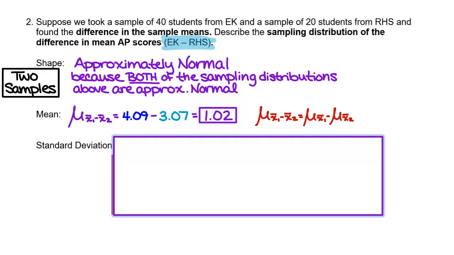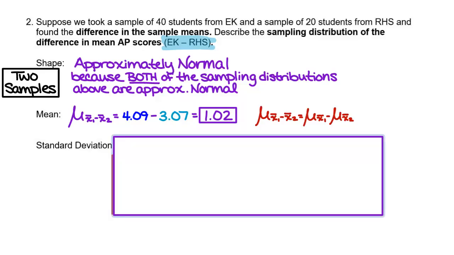Got to do something with both of them before I square root. That's what I want to say, but do we ever subtract standard deviations? We're going to add the variances. Whenever we're working with random variables, whether we're adding random variables or subtracting random variables, we can't add and subtract the standard deviation. We can only ever add the variances.